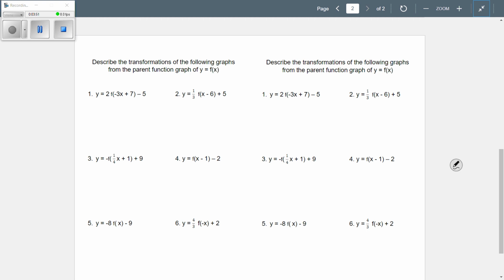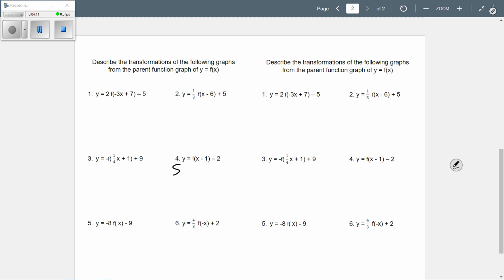So let's jump to number 4 so we can get a little confidence building. We see y equals f of x minus 1, and then minus 2. Okay, we see it's x minus 1. Now we said anything inside lies, so we're not going to go to the left one.